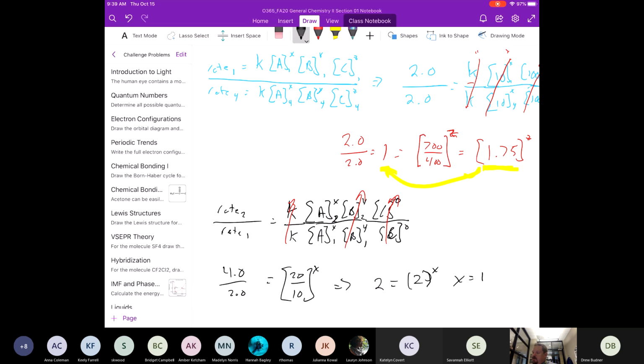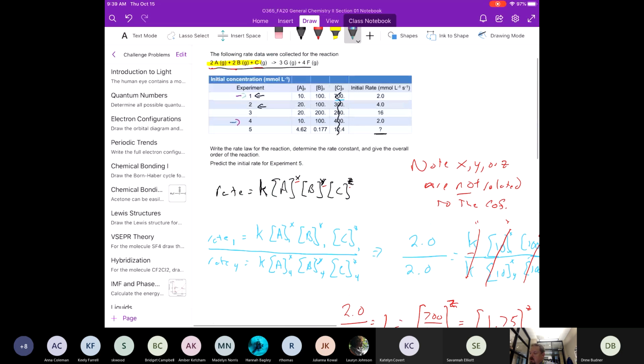And we are going to repeat that same process for B. Now we want A to stay the same and B to change. So we are going to use experiments 2 and 3. And we can set it up, but I'm going to take the shortcut.